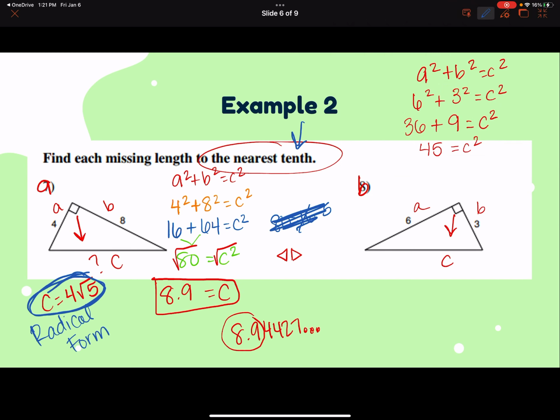But that is C squared, and I want to know what C is, so I'm going to take the square root of both sides. Again, your calculator is going to give that to you in radical form first. So let's see. If I type in the square root of 45, I'm going to get 3 radical 5. So if Delta Math was asking me for radical form, then this is the answer that I would put in.